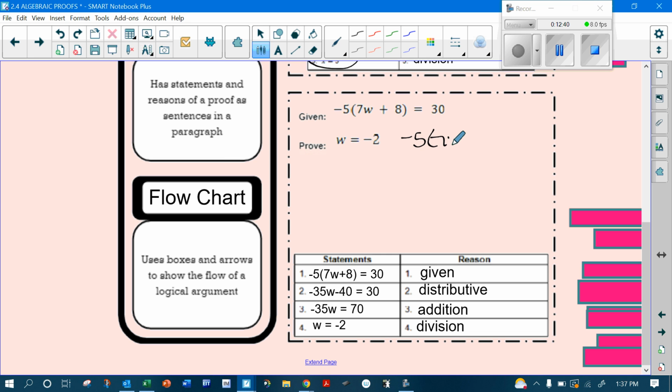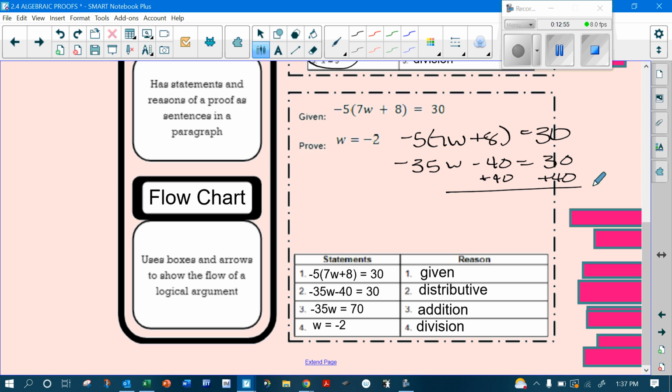So 7w plus 8 equals 30. So we got -35w minus 40 equals 30. So I'm going to add this 40. So that's where that step came. So now -35w.